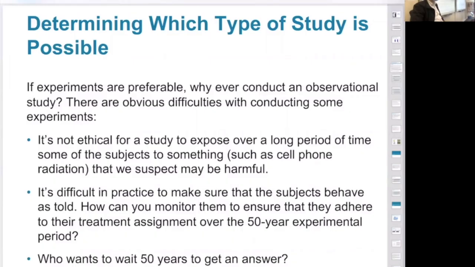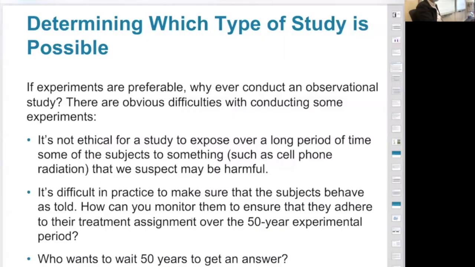Okay, so if experiments are preferable, why ever conduct an observational study? Why do we have this type? Of course, sometimes the experimental study is hard to conduct. For example, it's difficult in practice to make sure that the subjects behave as told.